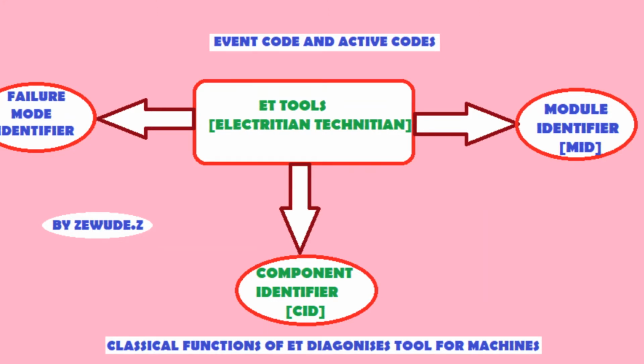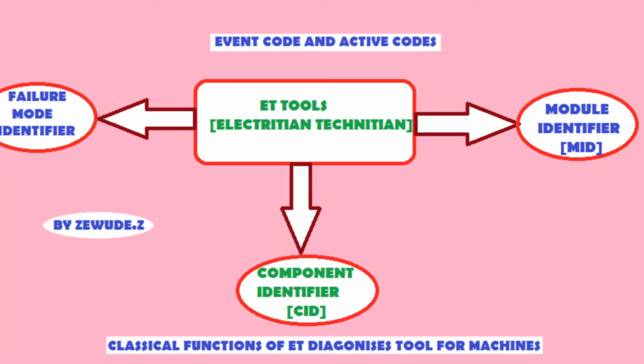The next thing is failure mode identification. So this failure mode identification is FMI. These FMIs are designed for a diagnostic purpose, which is a diagnostic code that informs a service person, an engineer or a technician of an equipment about the problem that has been detected within a circuit or within a system.